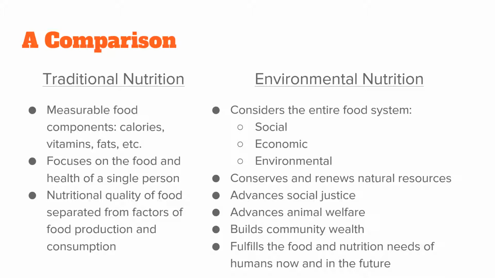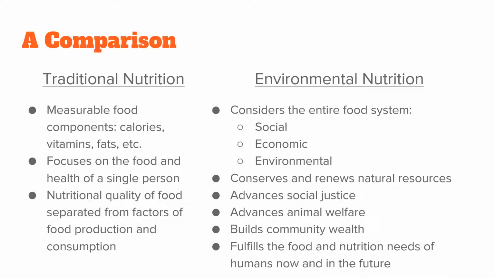In addition to conserving and renewing natural resources, the environmental nutrition approach would aim to advance social justice. So we'll see on the next lecture how there's pretty tremendous social inequality in our food production system. Well, we won't get into it too much in this course, but hopefully it goes without saying there's pretty tremendous animal welfare issues in our current food supply.